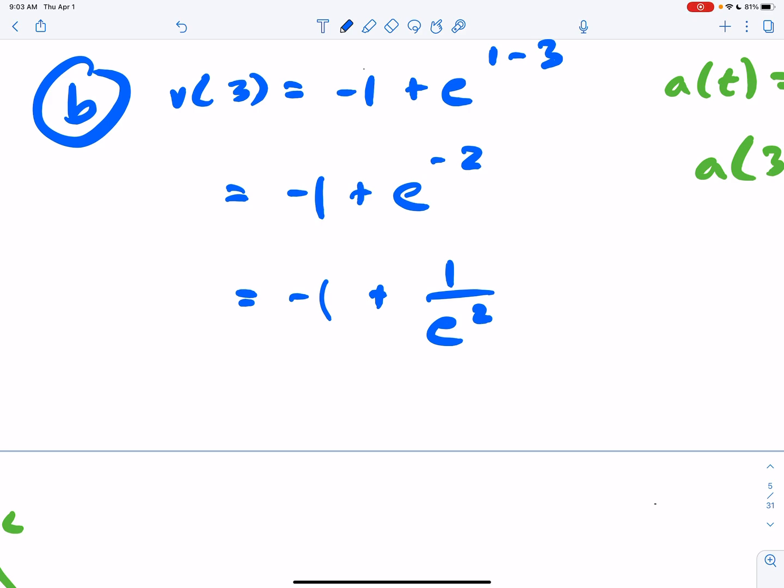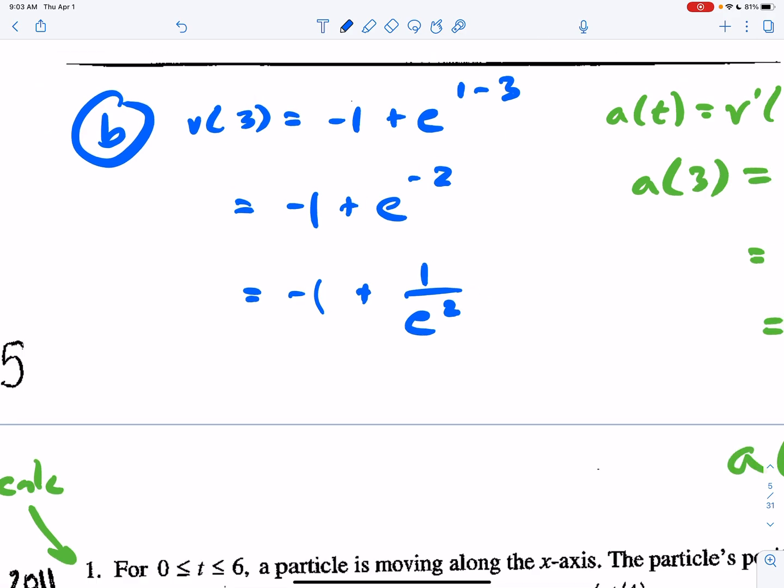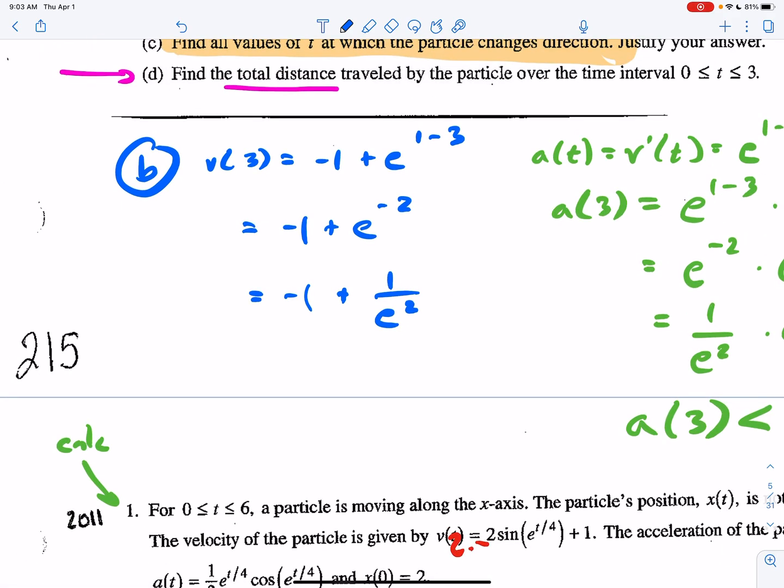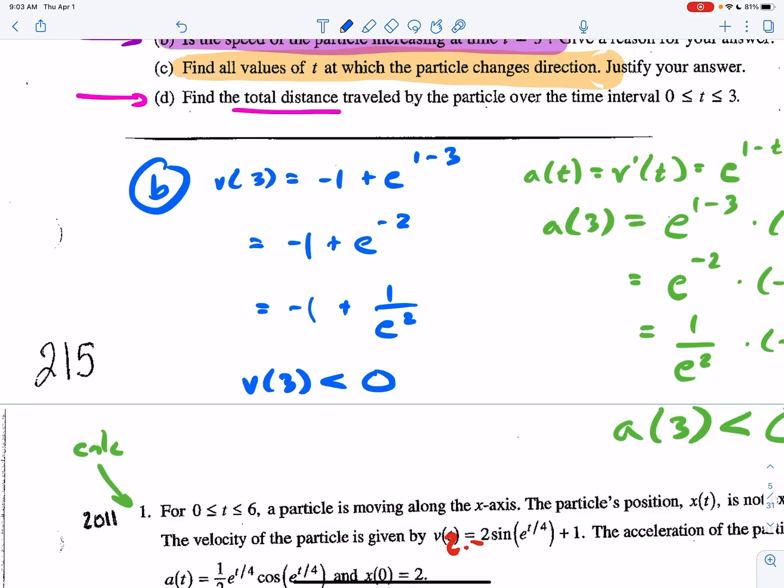So 2.7 is really close to 3. 3 squared is 9. So you have 1 over 9, right? 1 over 9 is definitely something less than 1. So I know there's going to be more negatives here than there is positives. Make sure that you guys understand that, okay? Because you don't have access to a calculator for this problem. So I know that this will come out less than 0. You really have to understand how the numbers work there, okay?